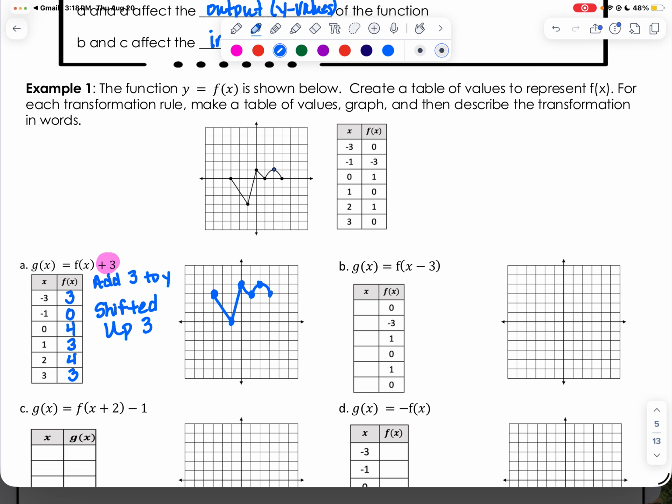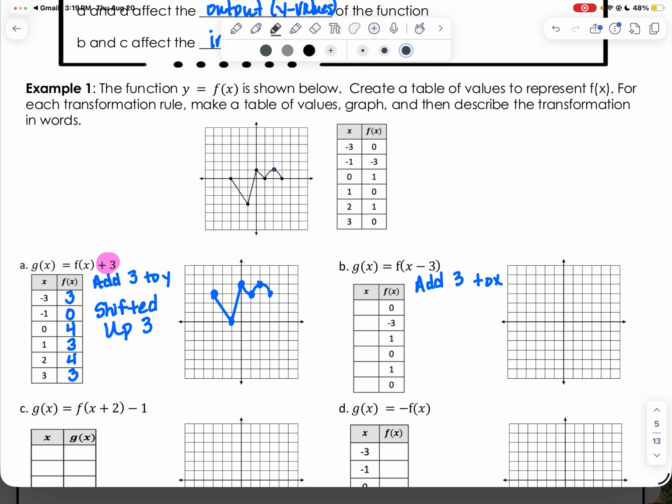All right. Problem B, g of x equals f of x minus 3. Now, hopefully you learned in previous courses that when you're doing transformations, when you have a number that's grouped in the parentheses with x, you're going to do the opposite. So we're going to add 3 to each x value.